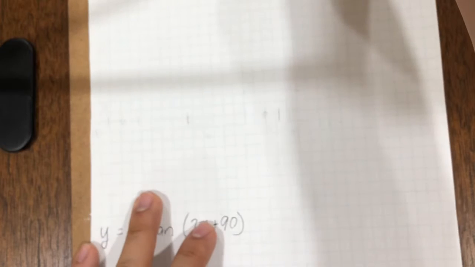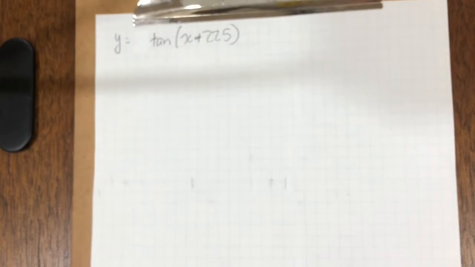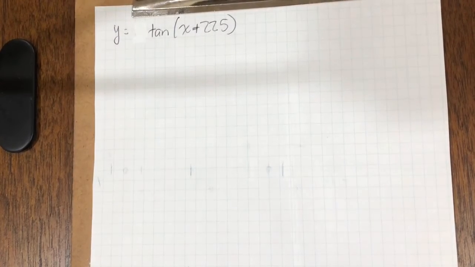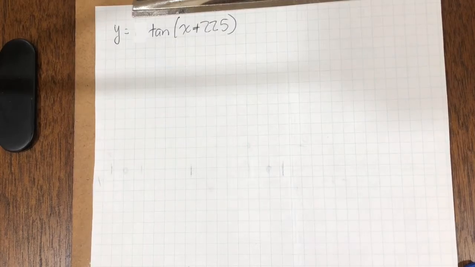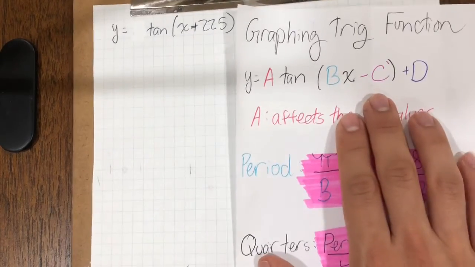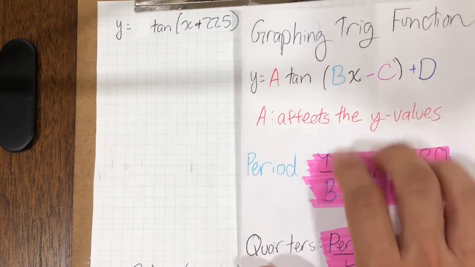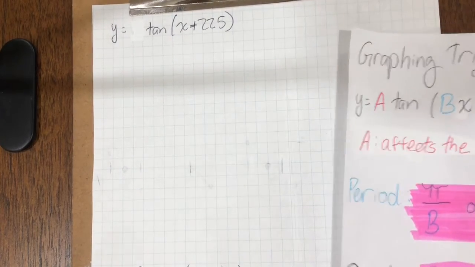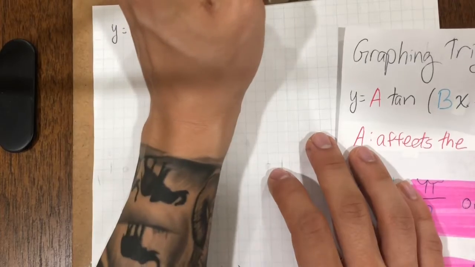So for the third example, I have y equals the tan of x plus 225, all right? So if we take a look, the 225 is in the same spot as C, so that's going to represent some sort of phase shift. So before that, let's go ahead and figure out the period.